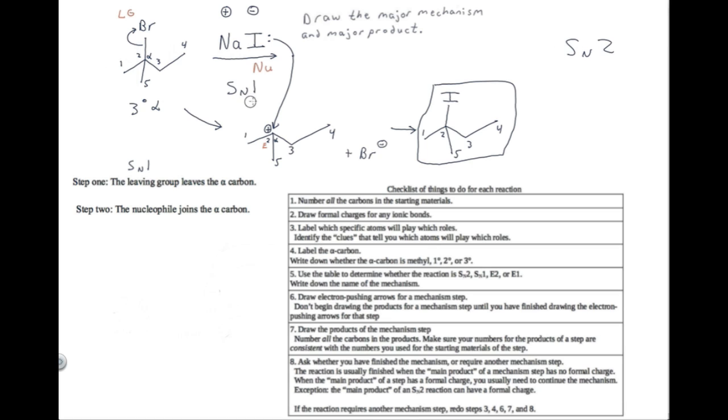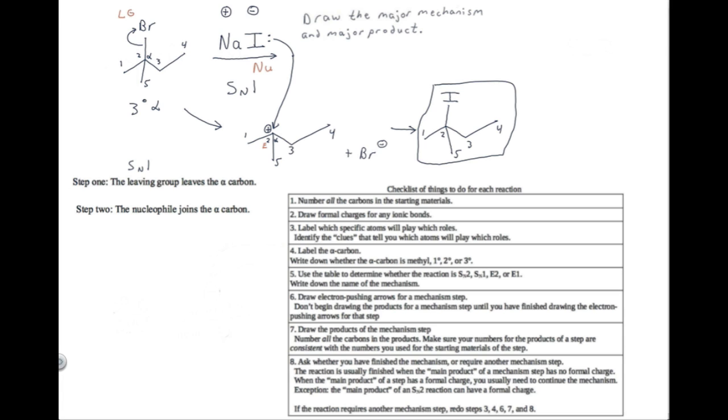Well, if you've already gotten a lot of practice with SN2 mechanisms, it's very easy to accidentally do an SN2 mechanism even when you know that the mechanism should be SN1. So try to avoid that mistake. Try to be very conscious of doing the correct mechanism. And one way to be conscious of that is to always write down the name of the mechanism you're doing so that you don't forget what the right mechanism is in the middle of the problem.